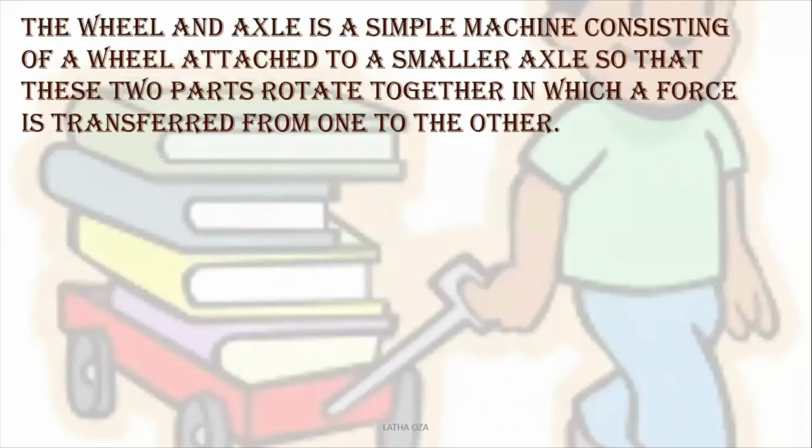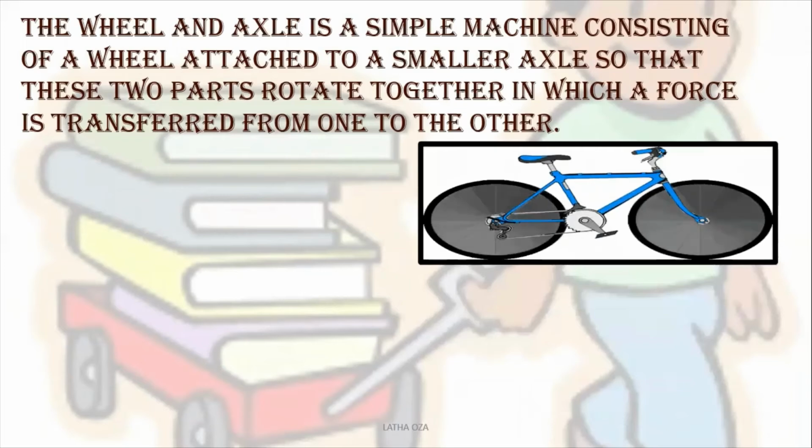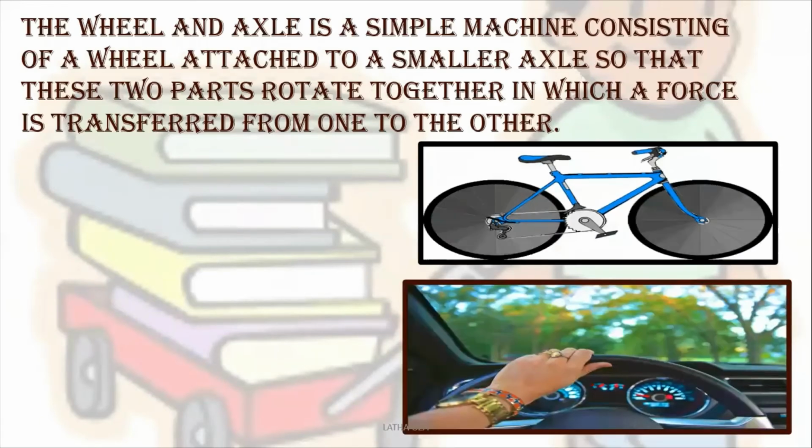A wheel and an axle is a simple machine made up of a wheel rigidly attached to a rod, like a steering wheel attached. There are two parts rotating together in which a force is transferred from one to another.